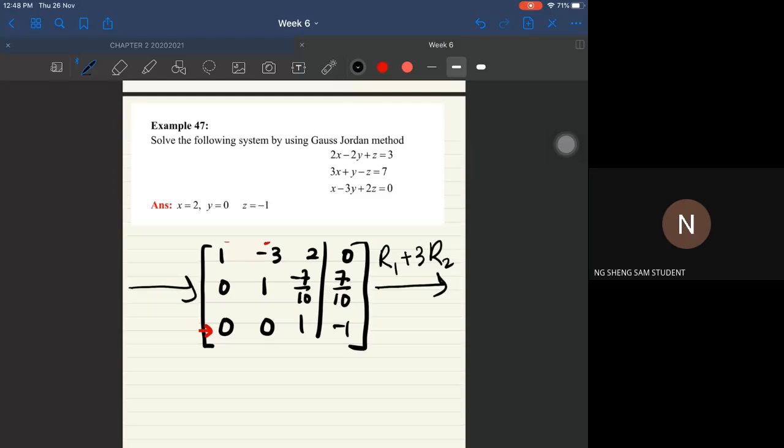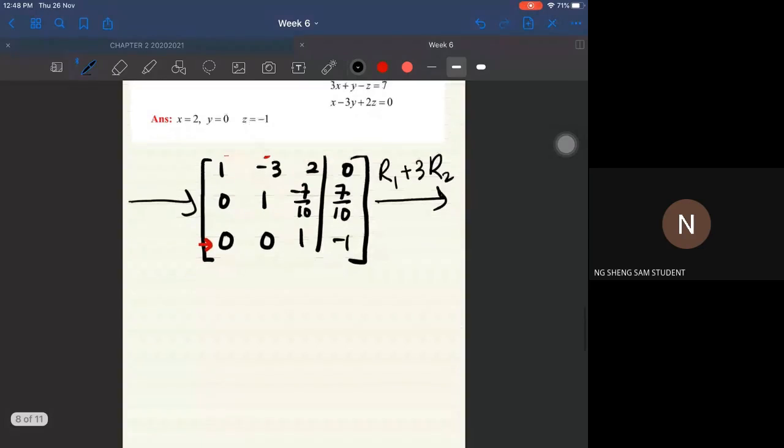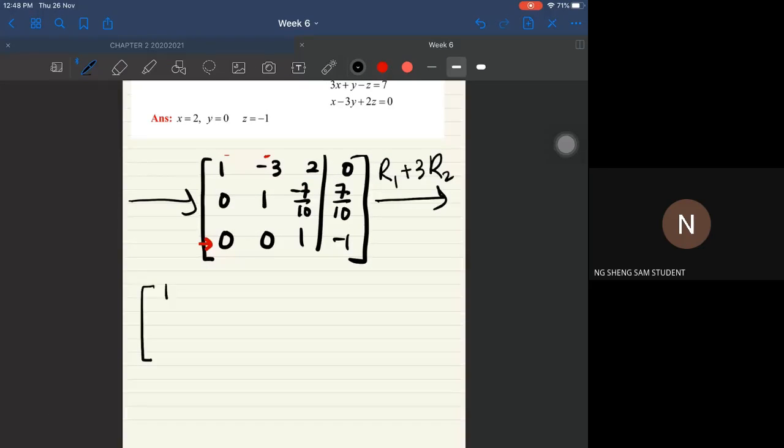Okay. So that kita akan ada 1, 0. So apa value? 2 tambah 3 darab 7 per 10. What will you get? Apa nilai dia?